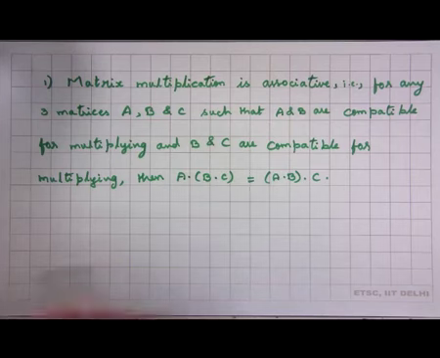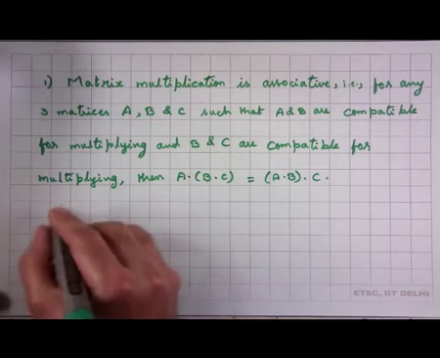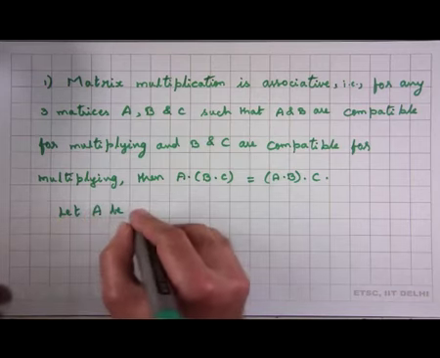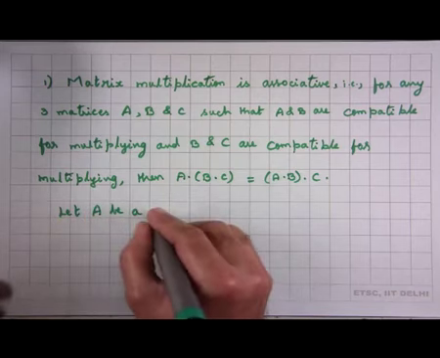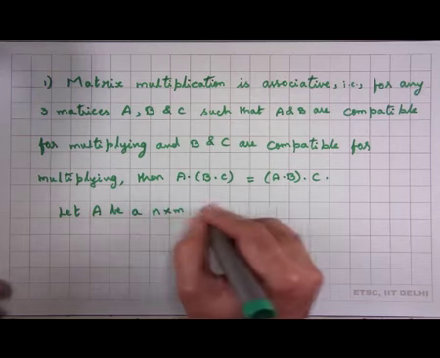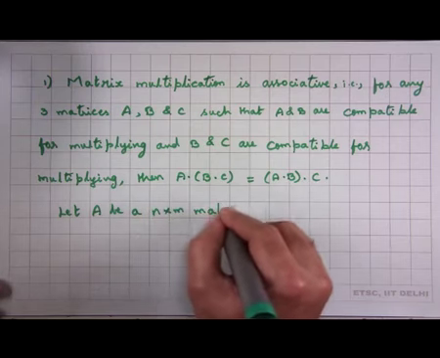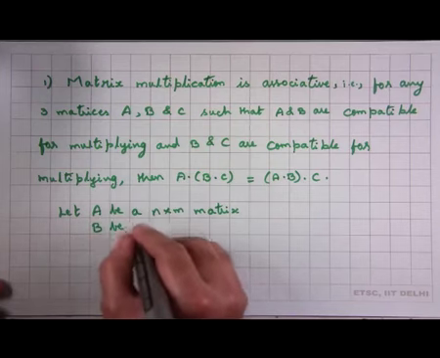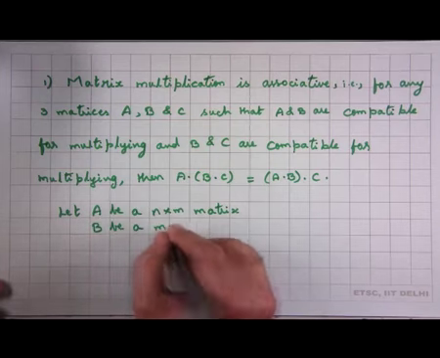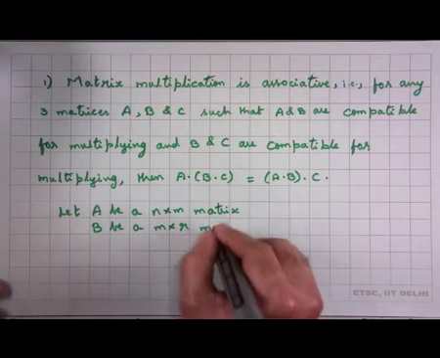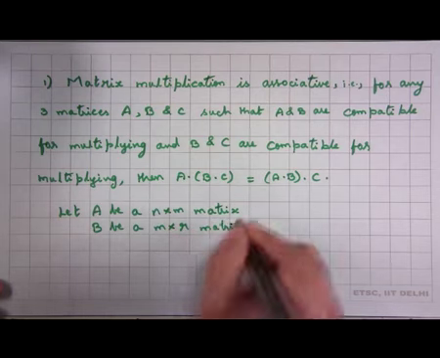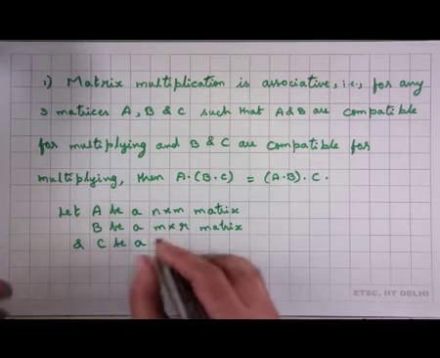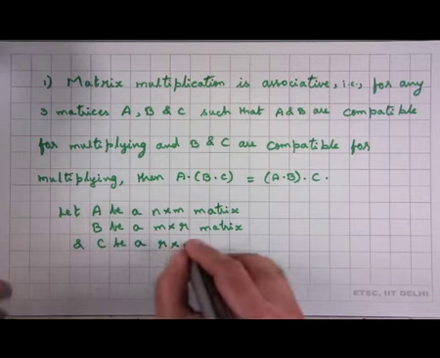So, let us prove this. Let A be an n by m matrix, B be an m by r matrix, and C be an r by s matrix.